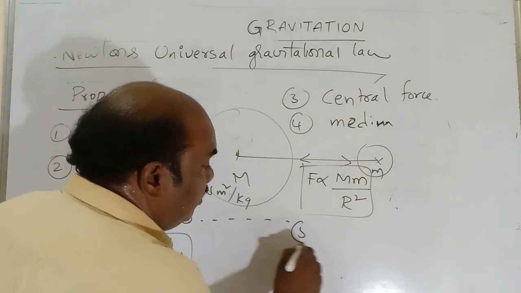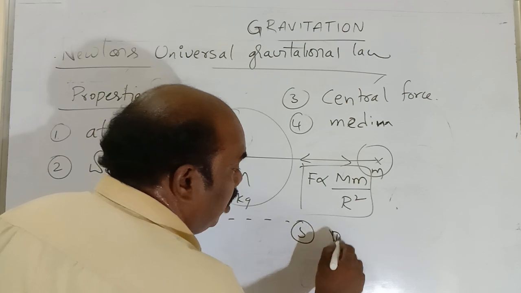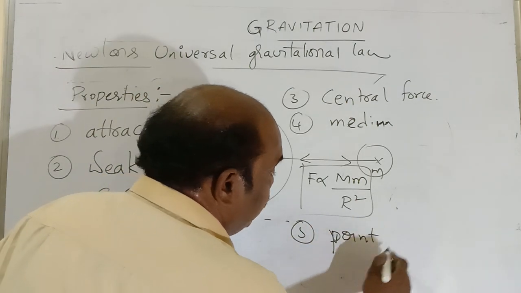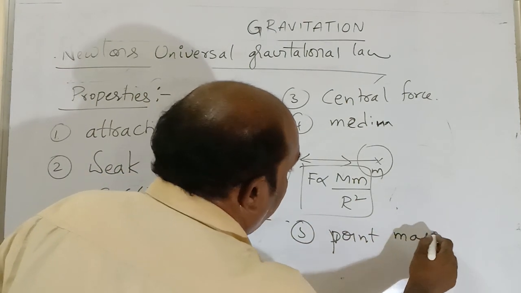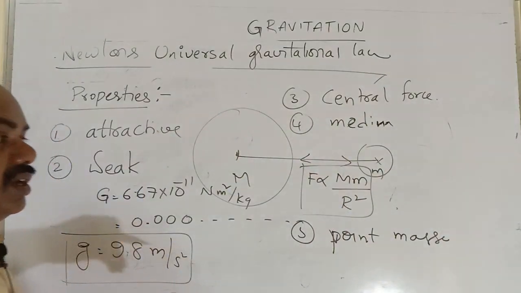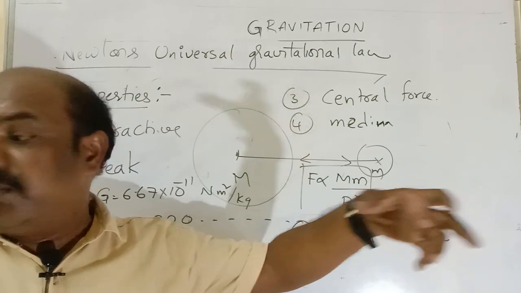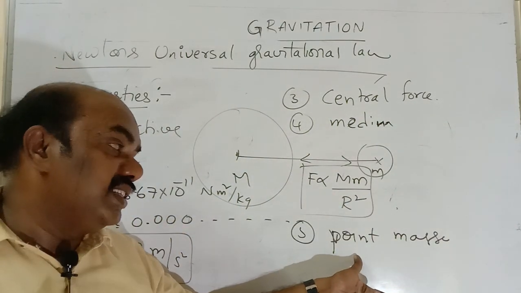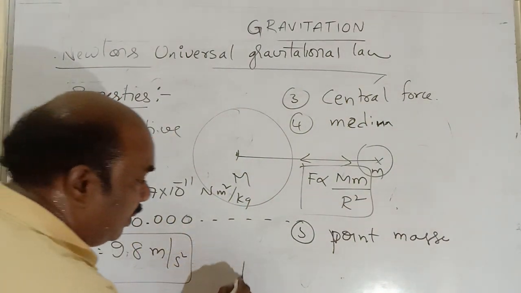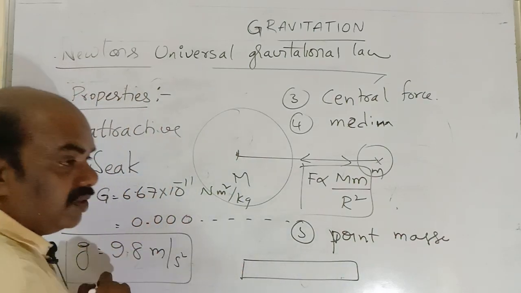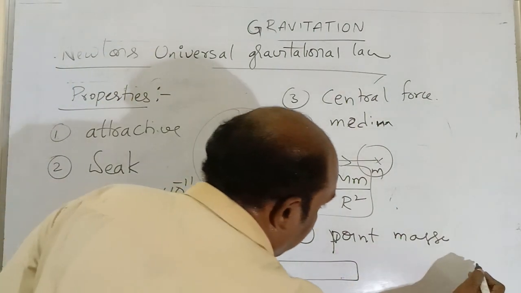Last one, it is valid only for point masses. Sir, what does it mean? If the bodies are very far, we can consider them as point masses. For example, one rod and one particle here.